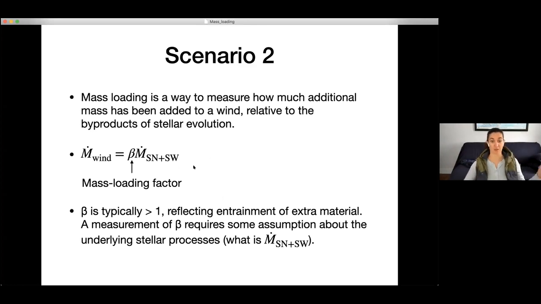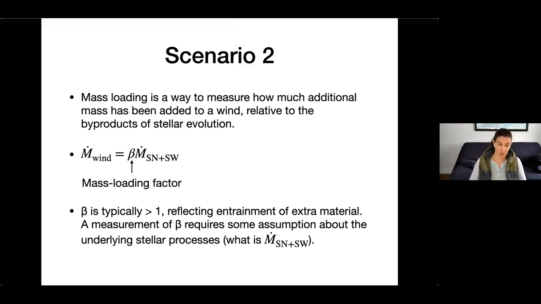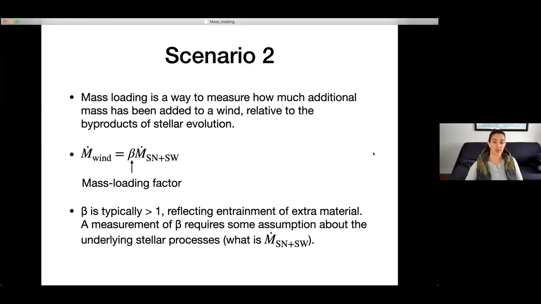So you're making an assumption about the mass injection rate into the wind from these underlying stellar processes. So I think what I want to highlight here is that it's important to think about what you are trying to get out when you are measuring a mass loading factor, because that may determine what kind of mass loading factor you are interested in.